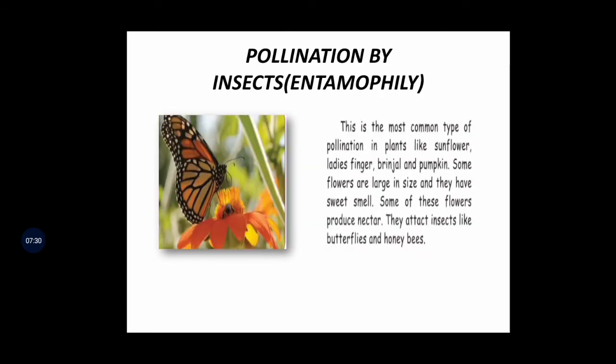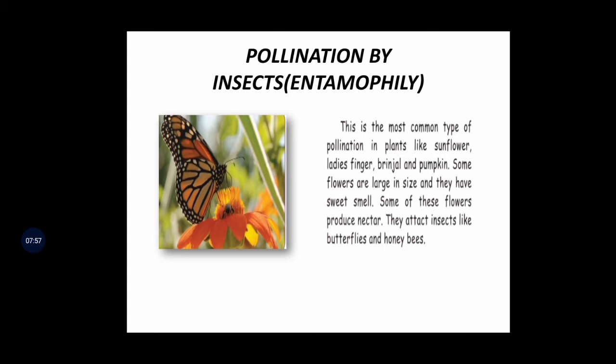The next one is pollination taking place by insects, which is otherwise called entomophily. This is the most common type of pollination taking place in many plants like sunflower, lady's finger, brinjal and pumpkin.